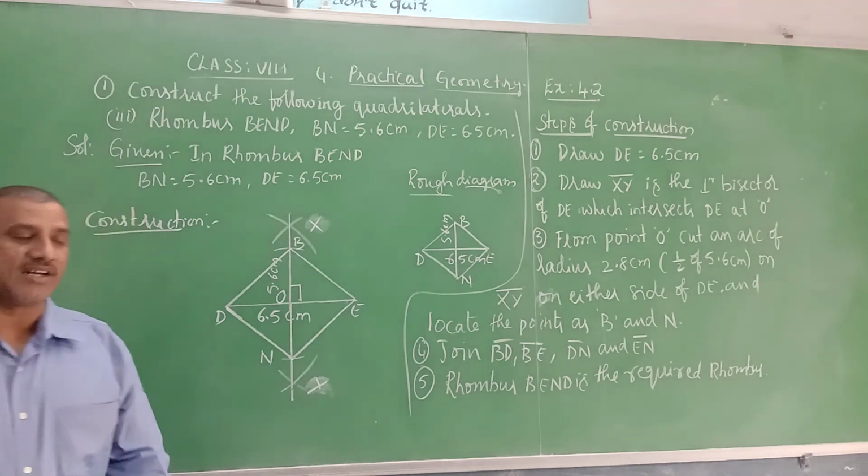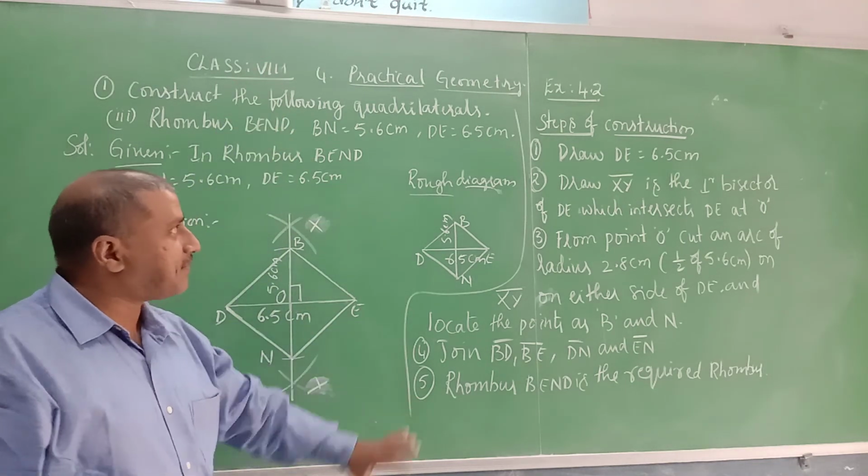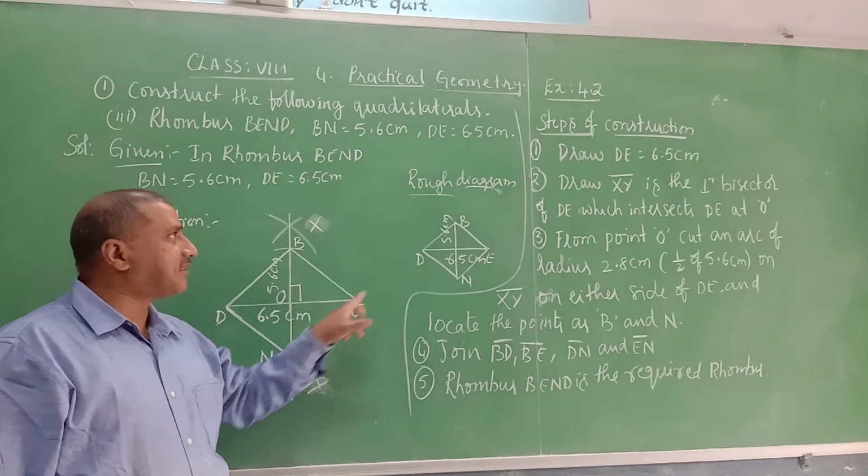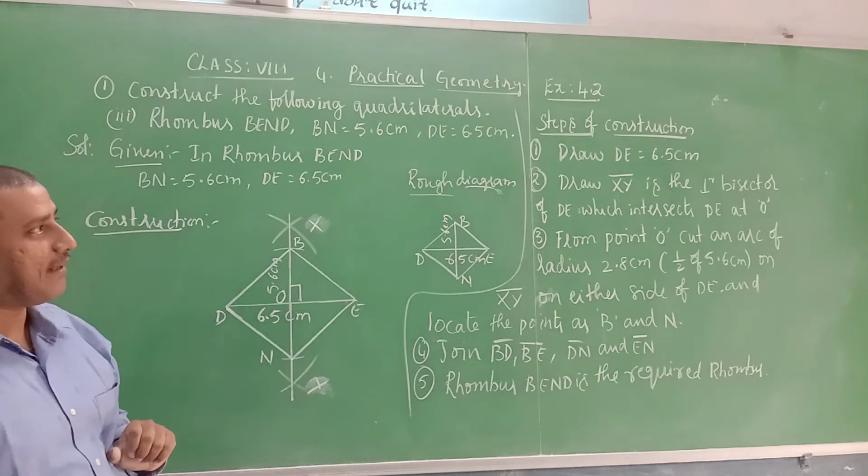Now steps of construction. Here we have 5 steps. First step, draw DE equal to 6.5 centimeters.